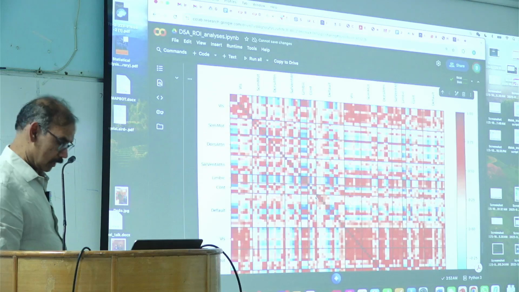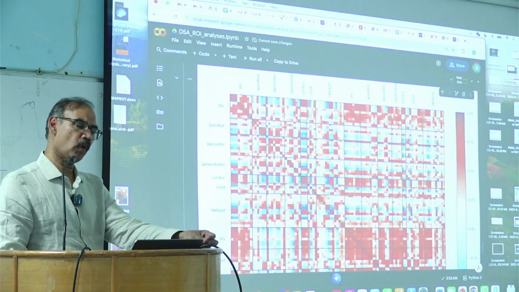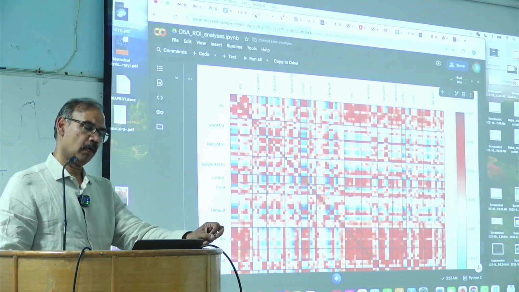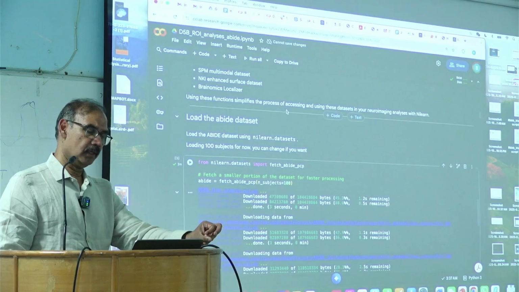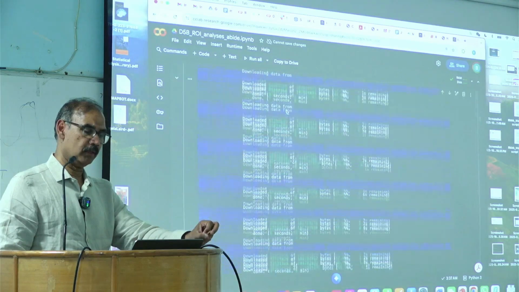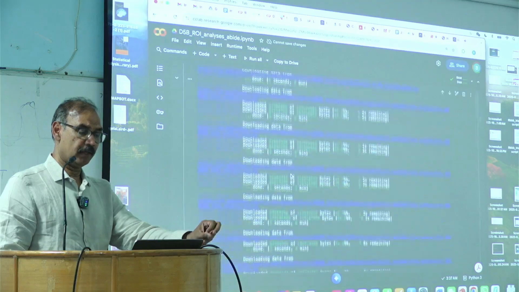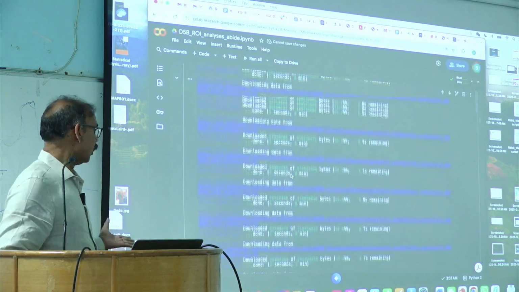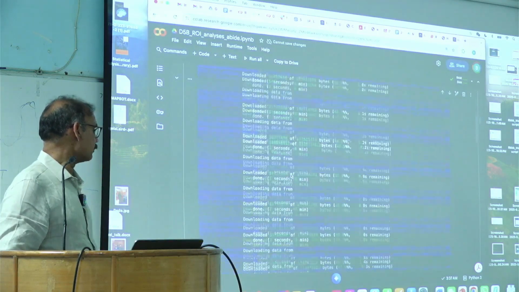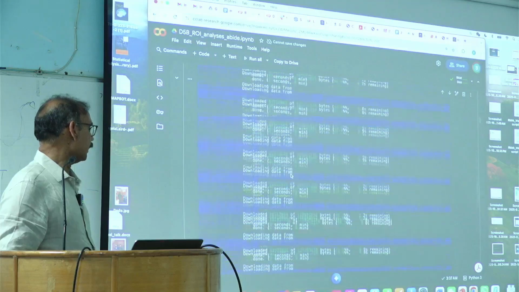Those of you who want to use autism data, you can load the data, and then if you want, you can use the ROIs from here.